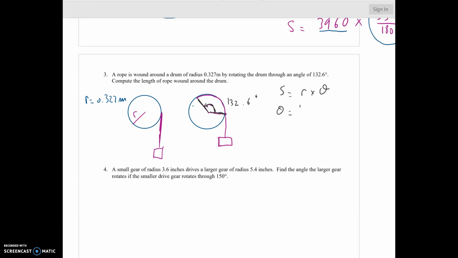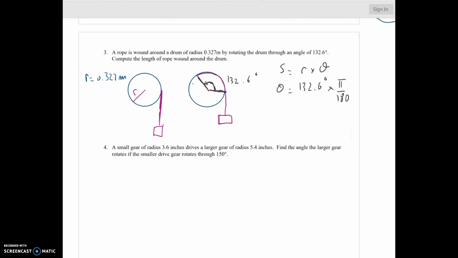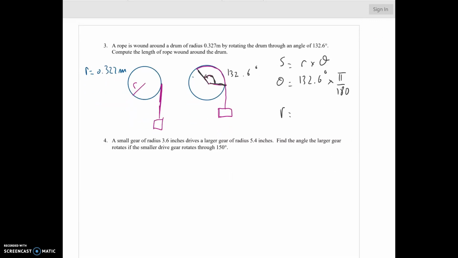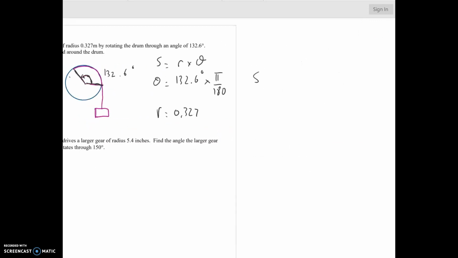I need to write theta as 132.6 degrees, and I need to convert that into radians, so multiply by pi divided by 180 degrees. And I know that R equals 0.327. And now I can do the calculation.